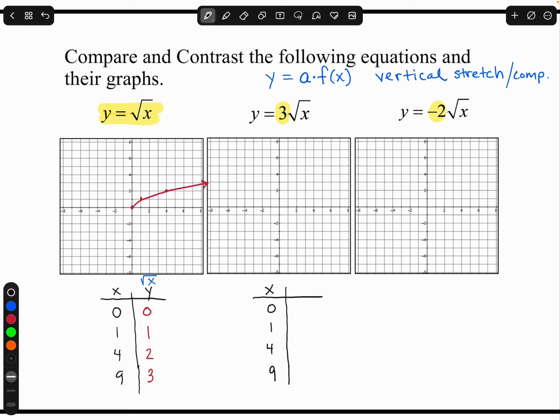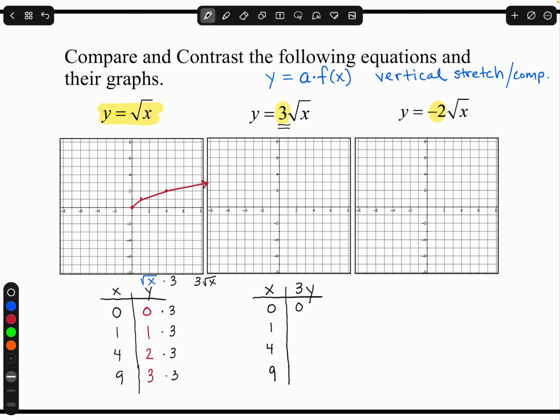But our y values will change because we're going to multiply that output by 3. So we're taking these values over here and multiplying them each by 3, because that gives us 3 times the square root of x.